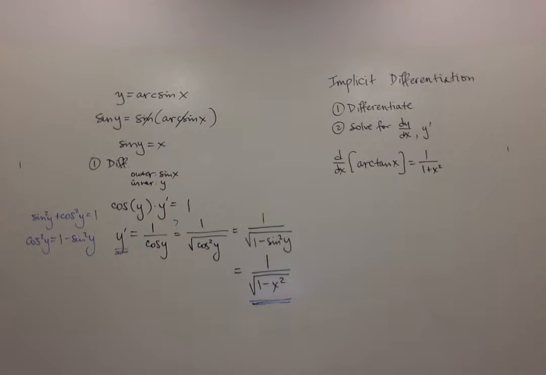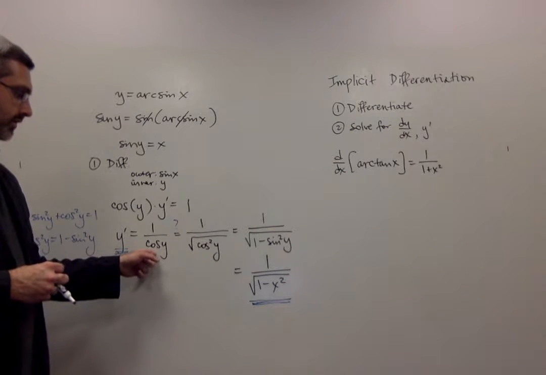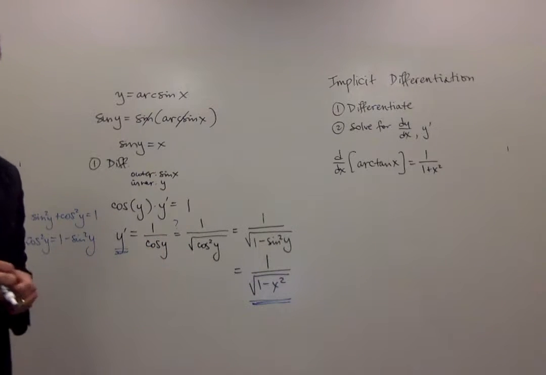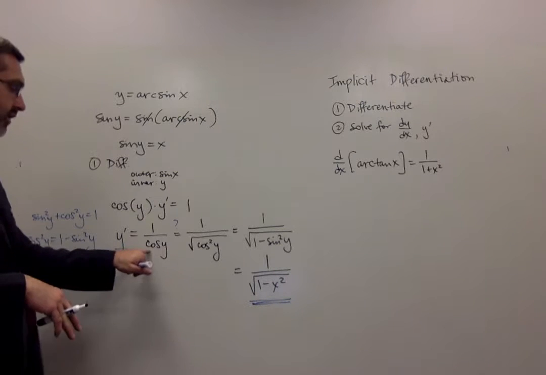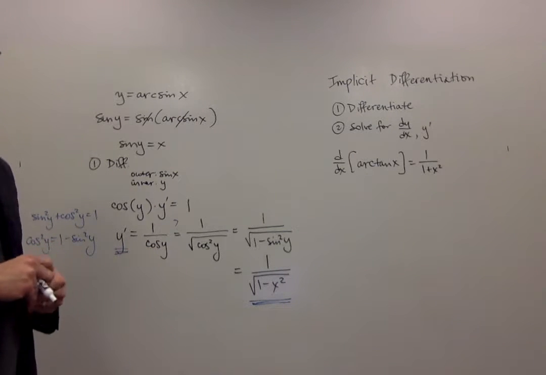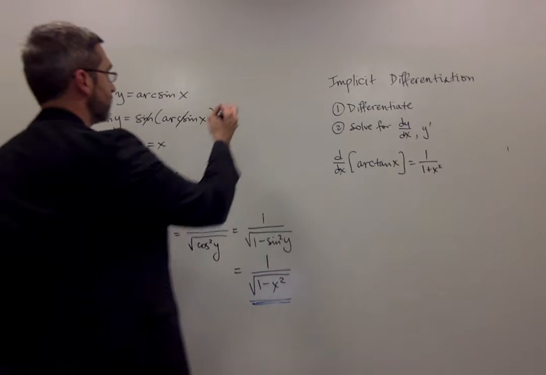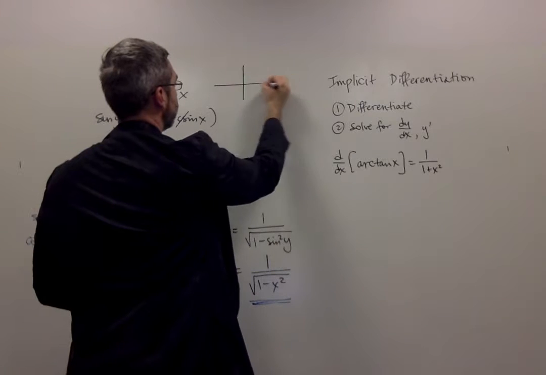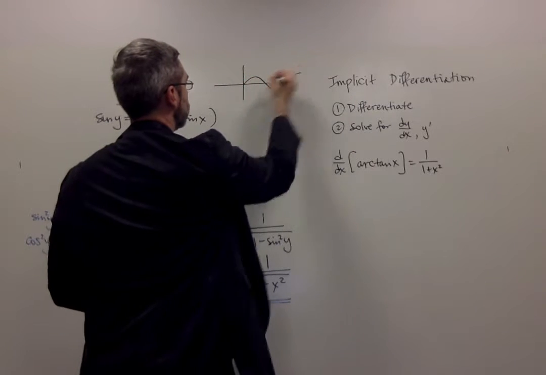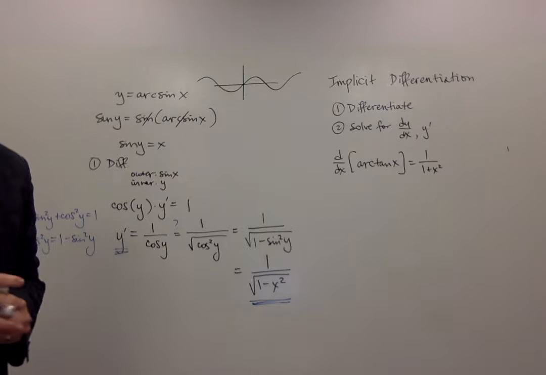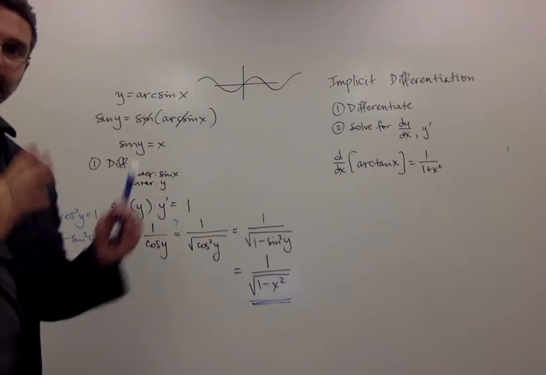So now, the one question that I haven't answered is, why can I do this? Why is it that I can square cosine and take a square root and I get the same thing as I originally had? In other words, why is cosine of y positive? The thing you have to remember here, this gets a little technical, is if I was talking about the sine function, the way that we got the inverse function for sine, we had to cut it, right?